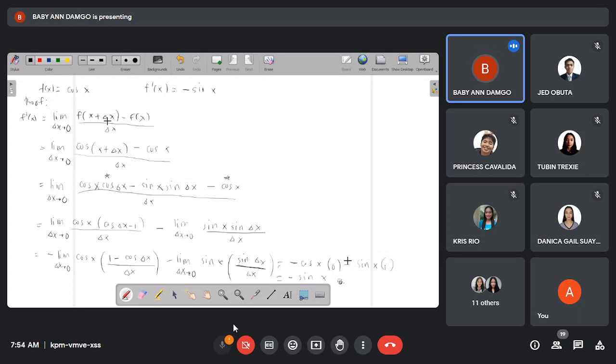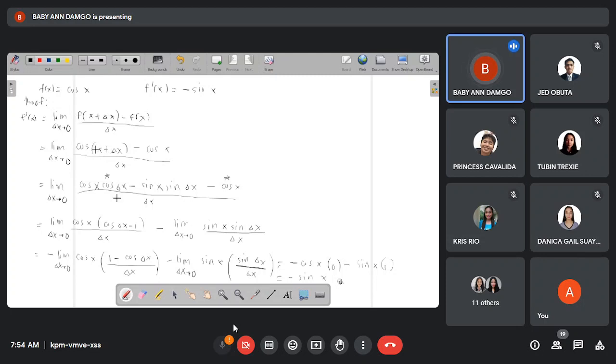So, next, we evaluate f of x plus the change of x given that your f of x is equal to cosine x. So, ang himo, gisubstitutan na ni ang x sa x plus the change of x. Mao ni nga cosine x plus the change of x minus, so copy ra ang f of x which is cosine x. So, diri, atong gigamit ang identities for the sum of cosine.